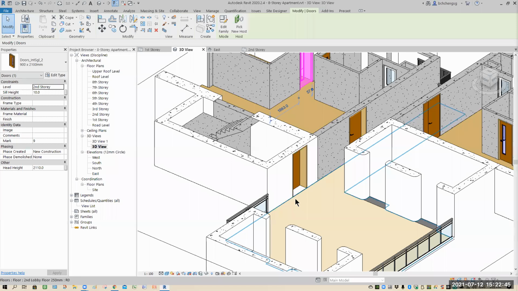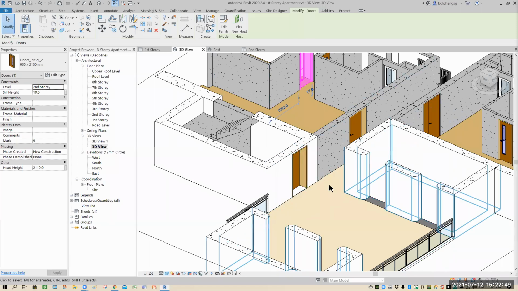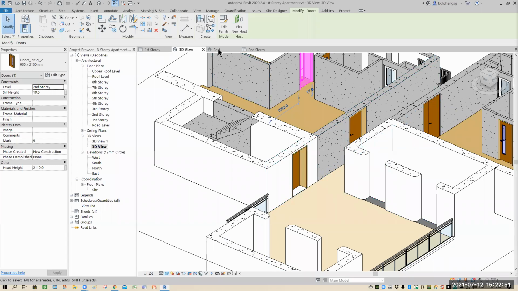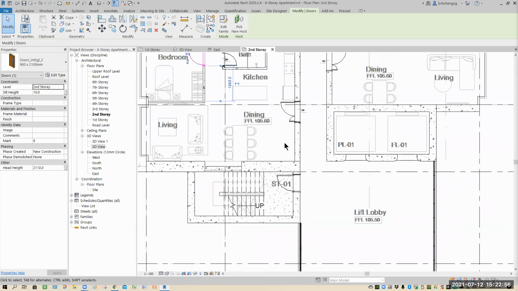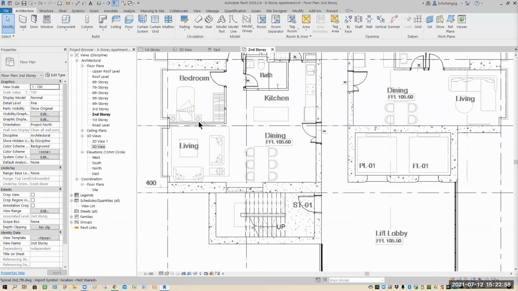So when you draw, always have a 3D view and your respective first, second story and so on. Always check this value. Whatever you insert, always double check what the connecting height is. Remember that. So second story done.